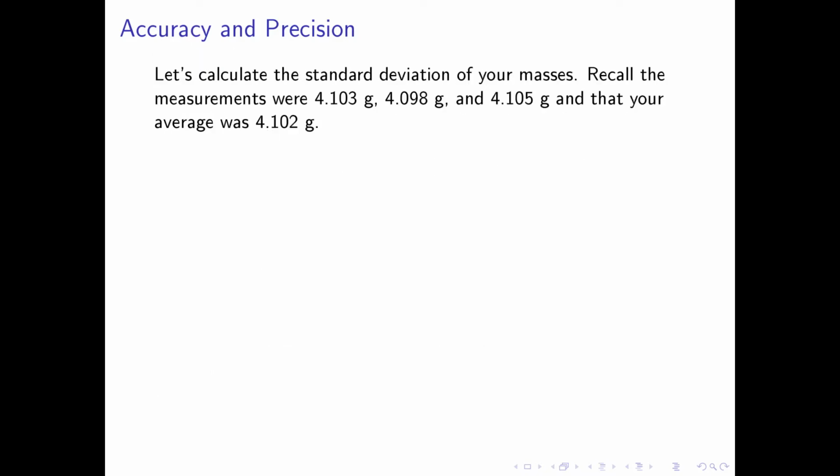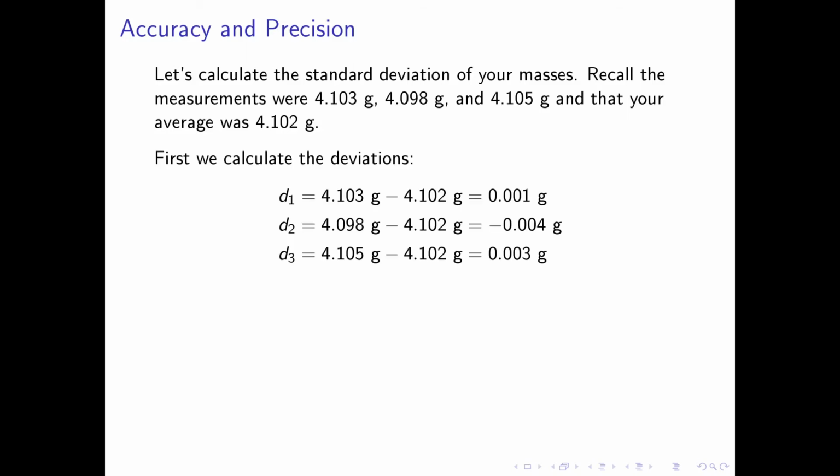So let's calculate the standard deviation of your masses. Recall that your measurements were 4.103 grams, 4.098 grams, and 4.105 grams, and that your average value was determined to be 4.102 grams. First, we calculate each of the deviations. d1 is equal to x1 minus the average, or 4.103 grams minus 4.102 grams.